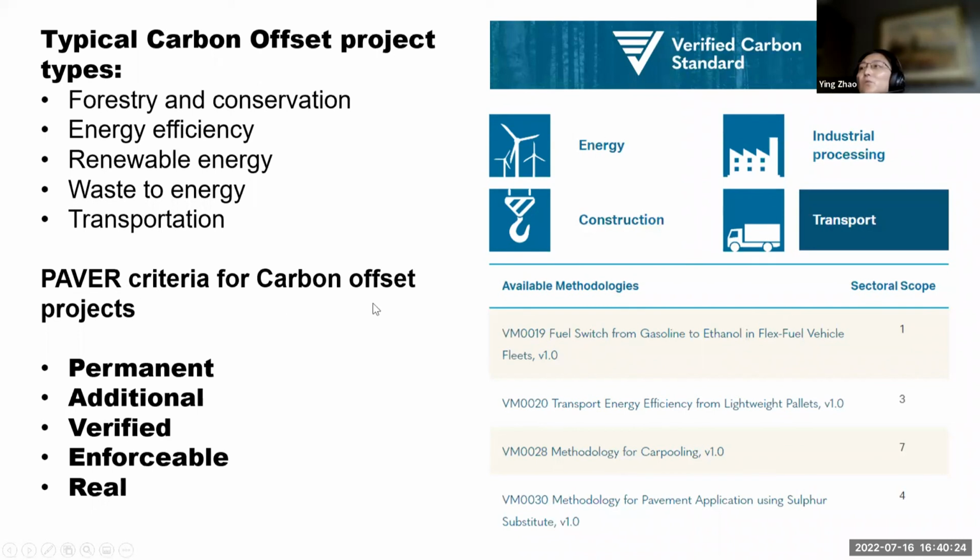To make sure these projects really reduce emissions, there are several criteria, called the PAVER criteria. They should be permanent; they cannot be reversed. They all need to be additional.